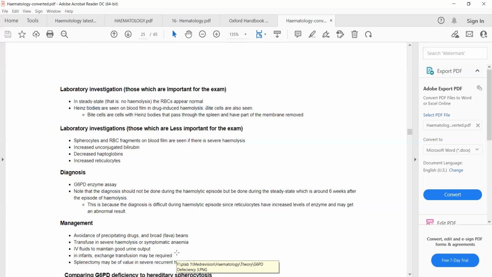The definitive test is the G6PD enzyme assay. Remember that the newly formed cells in response to hemolysis are reticulocytes, or immature RBCs. In immature RBCs, G6PD enzyme levels are normal. So that's why this G6PD enzyme assay will be done 6 weeks after the episode of hemolysis or after the acute attack.